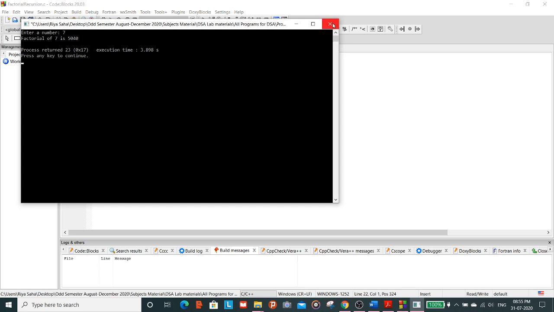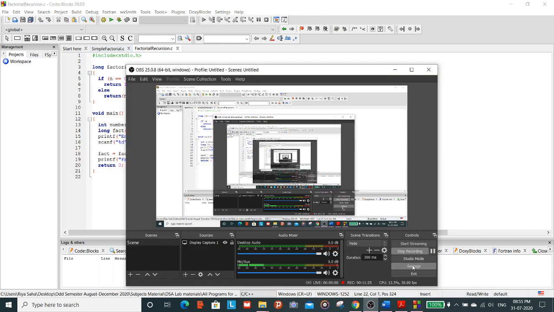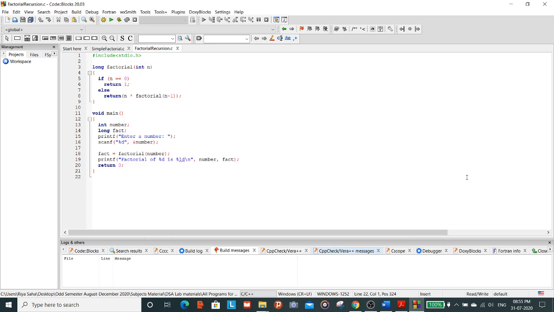Okay, I guess all of you understand this factorial program by using the recursion concept, and in this way the second practical has been done.